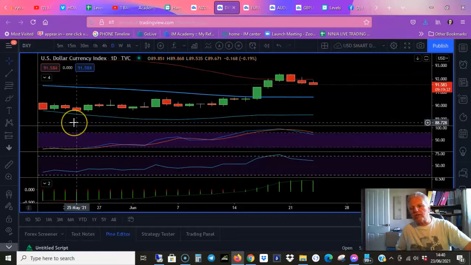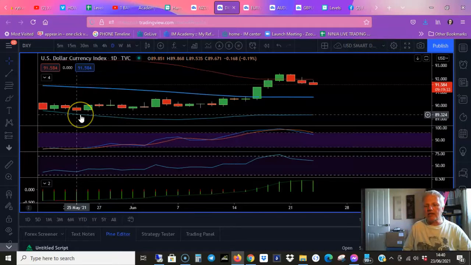Because whatever the US dollar currency index is doing will be the exact opposite to what the euro will do. So if the US is on a sell, the euro will be on a buy.